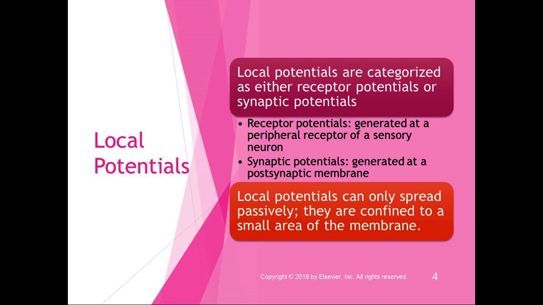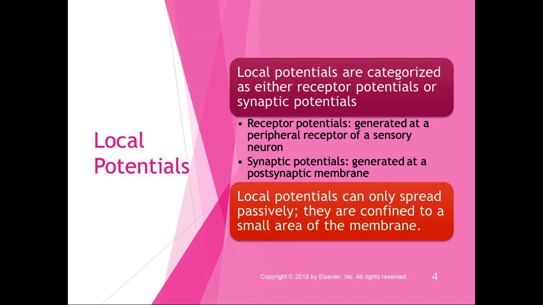That's a receptor potential. It's generated at the end receptor of a sensory neuron, like a muscle spindle or a sensory receptor, and that local potential opens modality-gated channels to allow ions to travel across the membrane. Synaptic potentials are generated at a postsynaptic membrane.